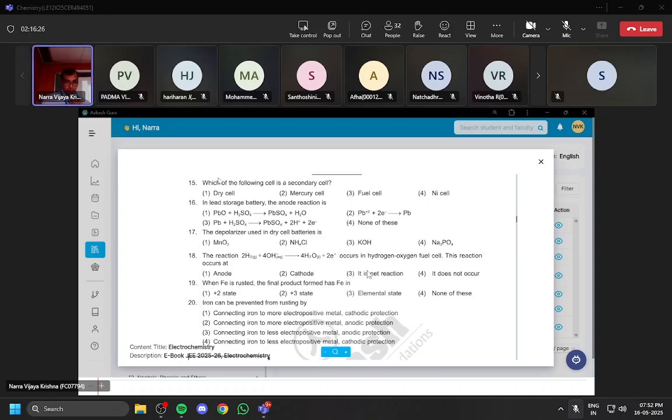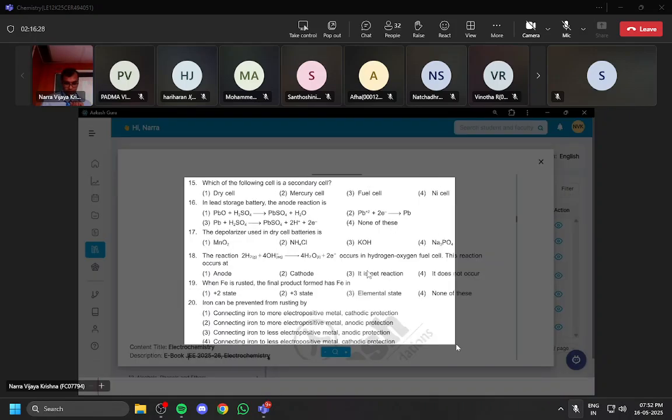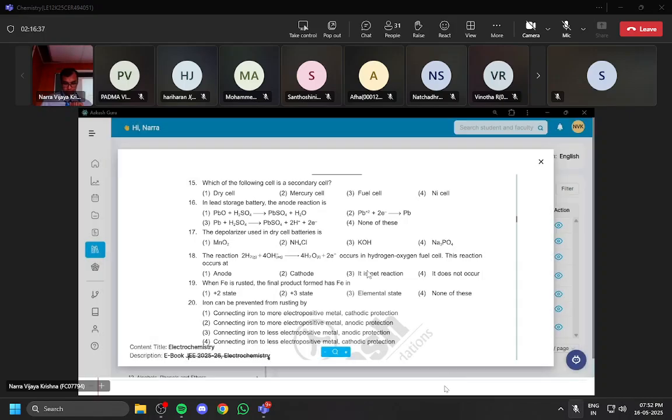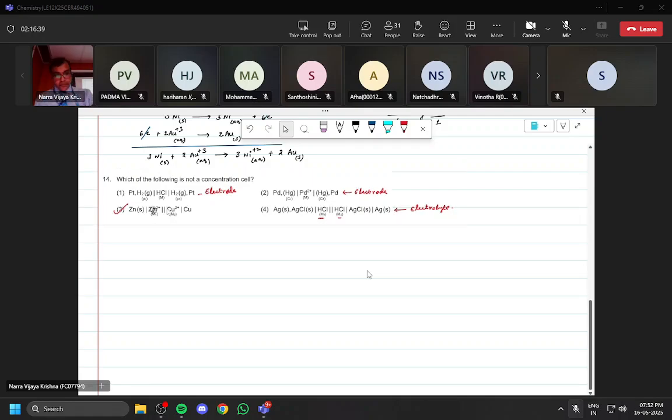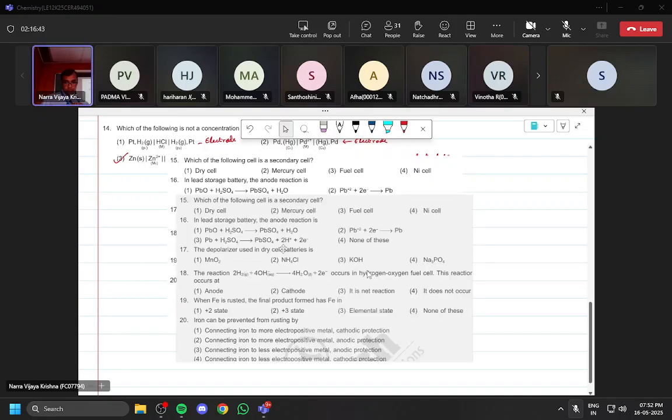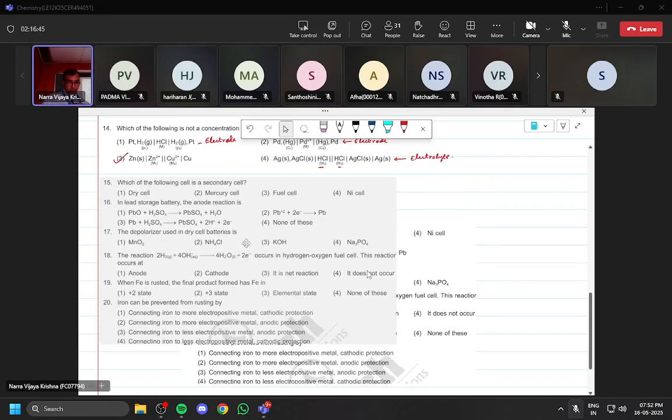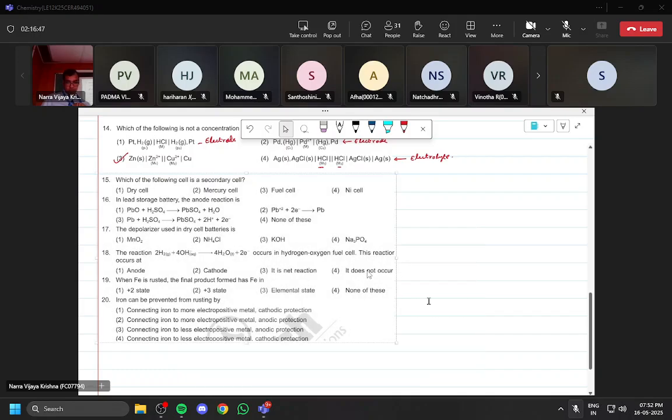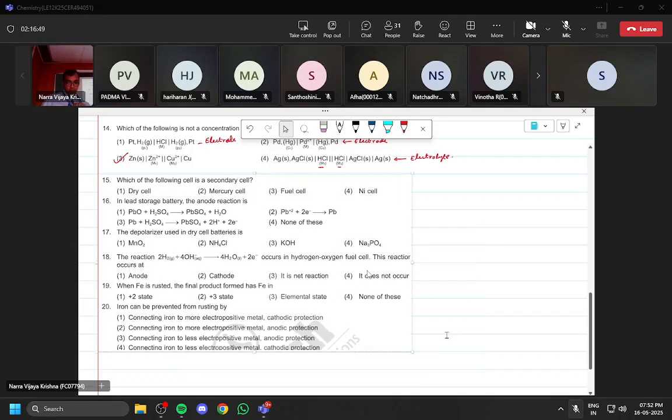From question number 15 to 20. Solve question number 15.